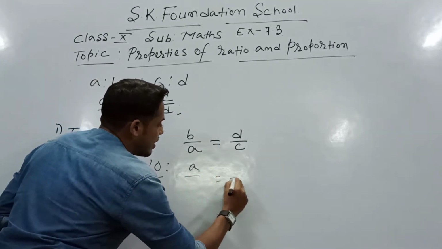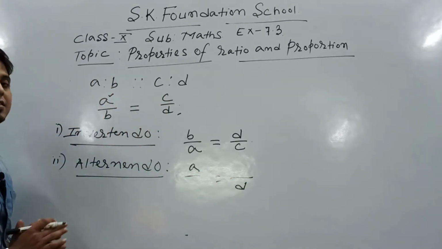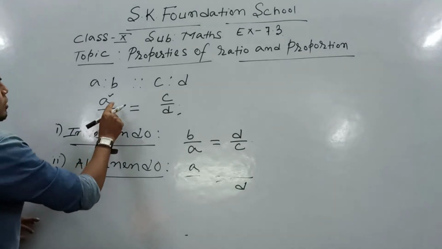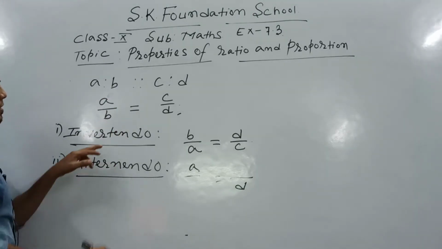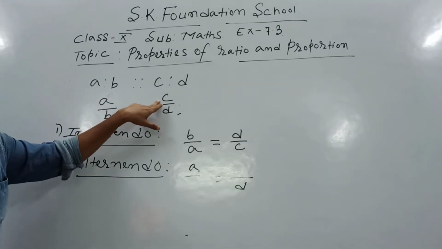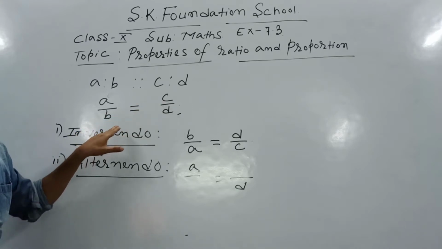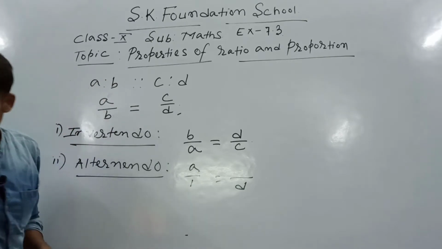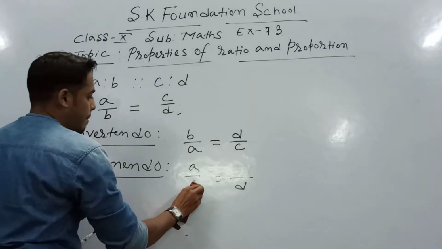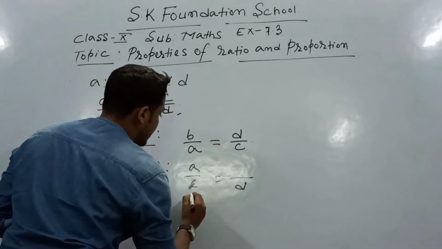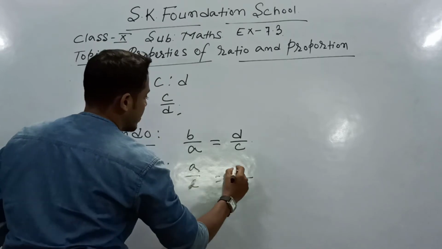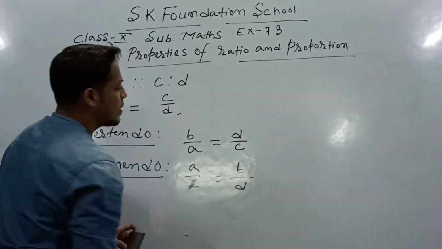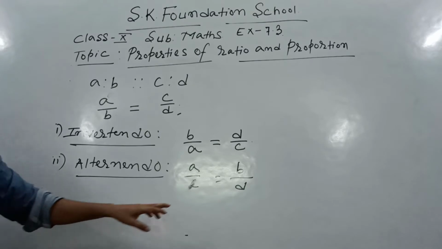But B, the denominator, and C, the numerator, exchange their positions. That means here is C and B goes in.